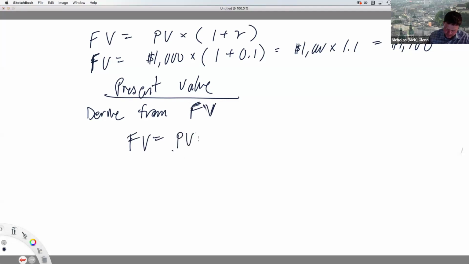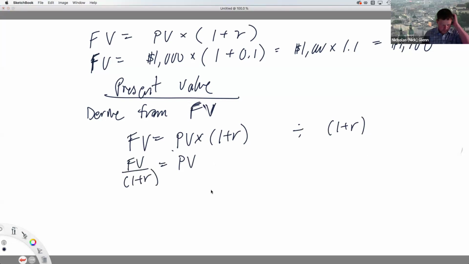Future value equals present value times 1 plus R. We want to get this in terms of present value, so all we do is divide by 1 plus R. When you do that, we have present value on one side, future value divided by 1 plus R. Most people usually put present value on the left-hand side, future value over 1 plus R. So that's the formula we use.